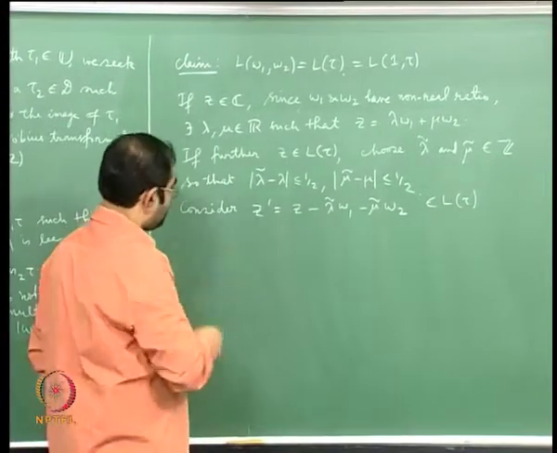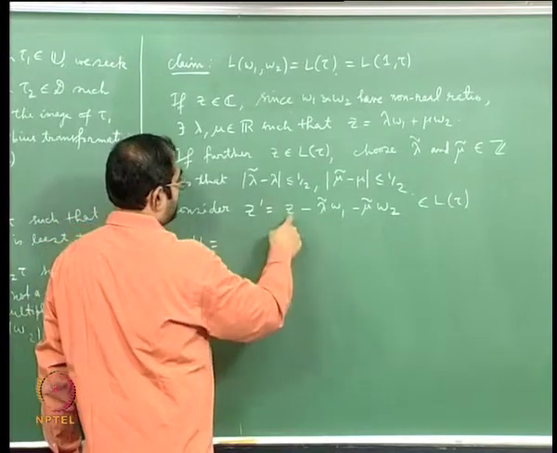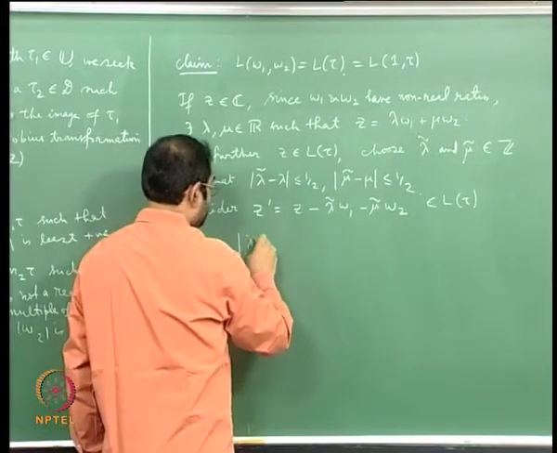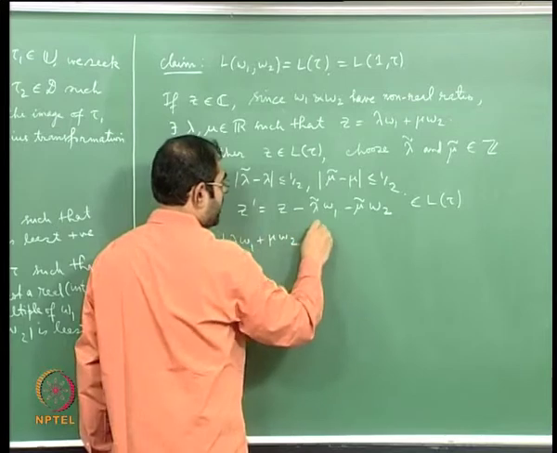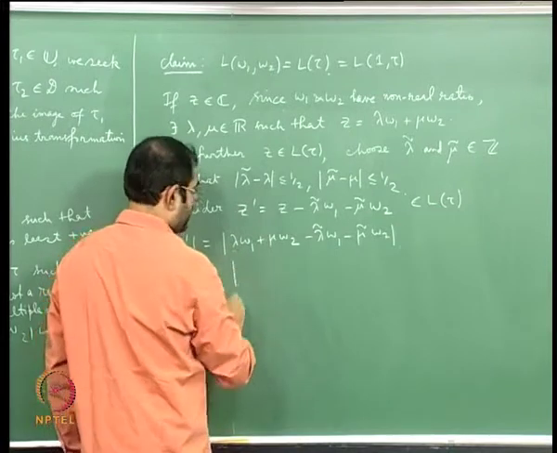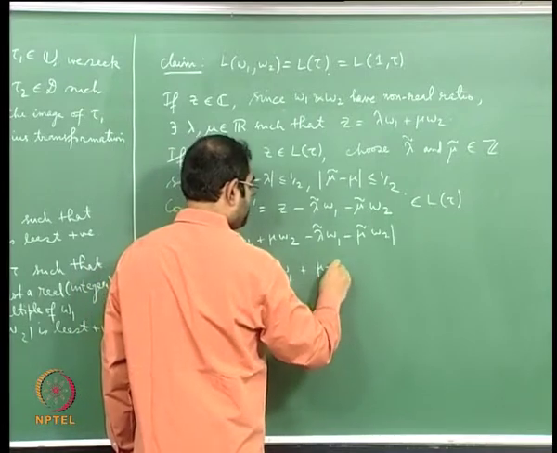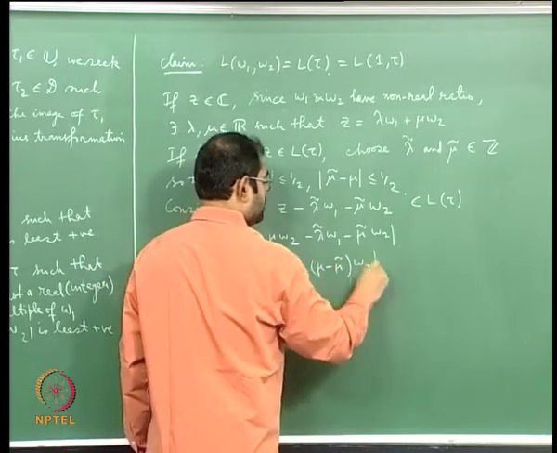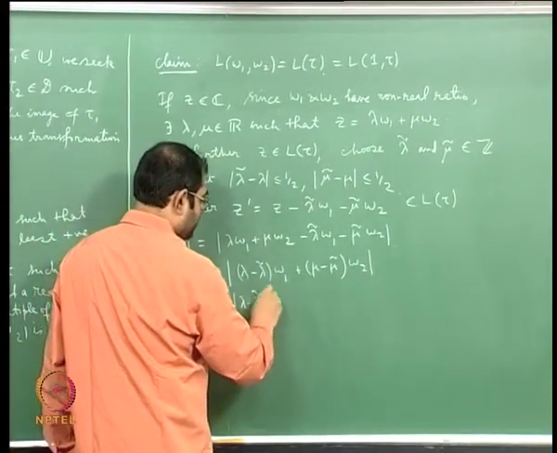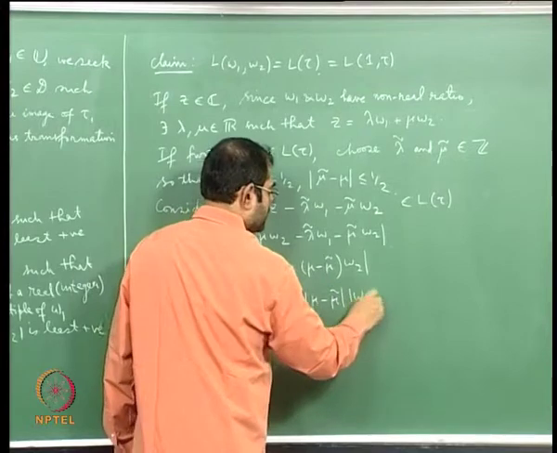Now compute the modulus of z prime. Plugging in z as lambda omega 1 plus mu omega 2, I get the modulus of lambda omega 1 plus mu omega 2 minus lambda tilde omega 1 minus mu tilde omega 2. This is just the modulus of (lambda minus lambda tilde) omega 1 plus (mu minus mu tilde) omega 2, and this is strictly less than modulus of lambda minus lambda tilde times mod omega 1 plus modulus of mu minus mu tilde times mod omega 2.